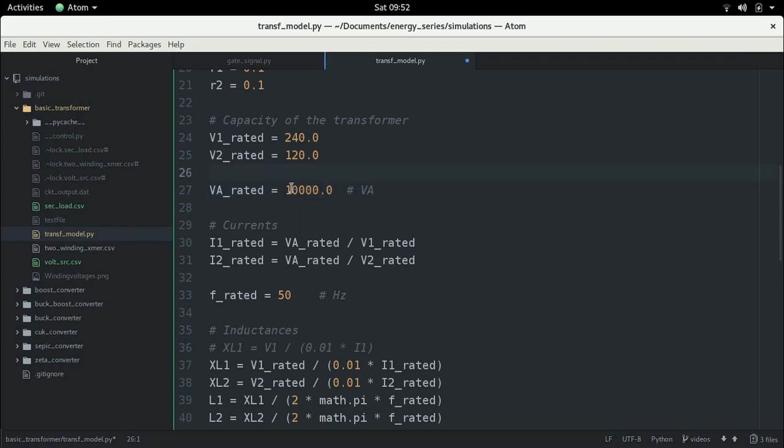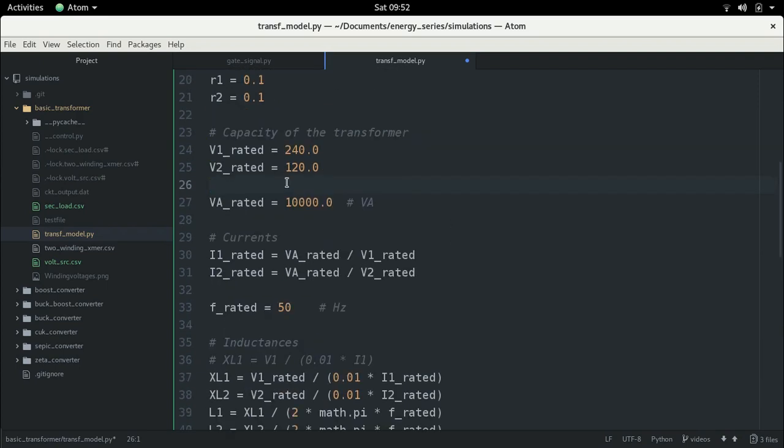Simple reason, because a 240 volt by 12 volt transformer is usually a signal transformer, right? And that usually has a rating of maybe just 1 amp or so. So you would want to change this to around 250 VA, right? Similarly, if you had a step up, so for example, if it was, let's say, 240 volts to 11 kV, in that case, you don't want a 10,000 VA transformer either.